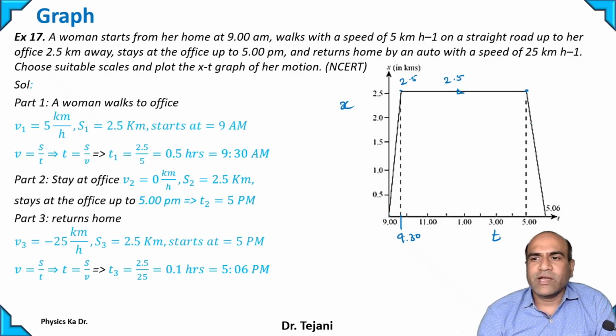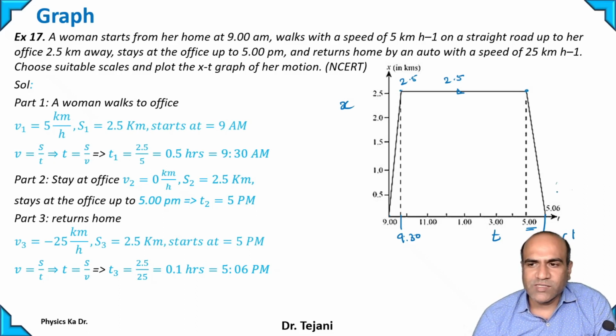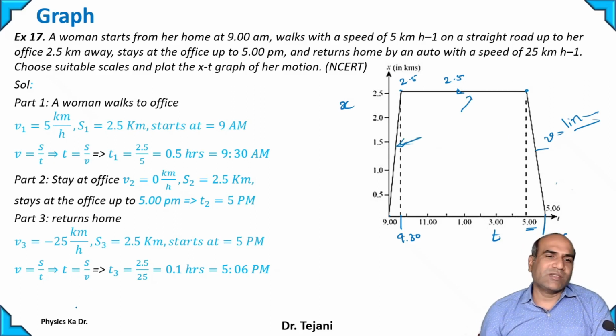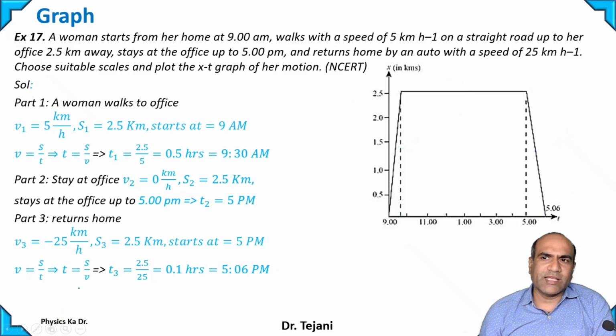Then at 5 she picks an auto and within 5 to 5:06 she is back home. So this velocity is linear, and this velocity is constant. Very easy. This is also from the NCERT.